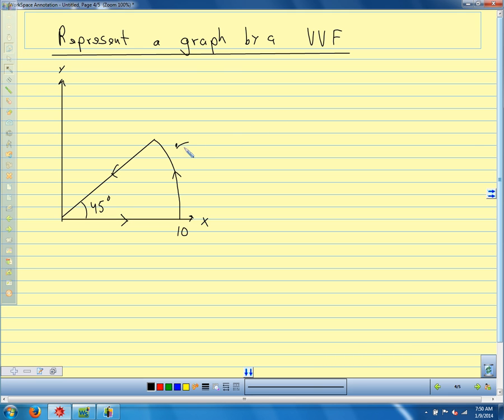And this curve is x squared plus y squared equals 100. And we want vector valued functions for the boundary of this region. So we're going to write vector valued functions for this boundary. Now for this kind of problem, we don't have to write one vector valued function for the entire boundary. We can make several and just put them all together.